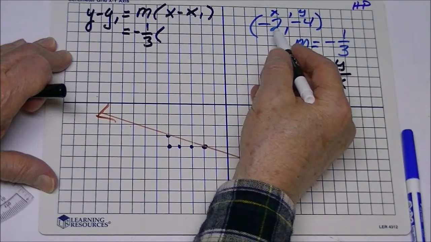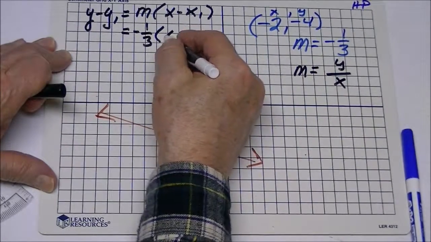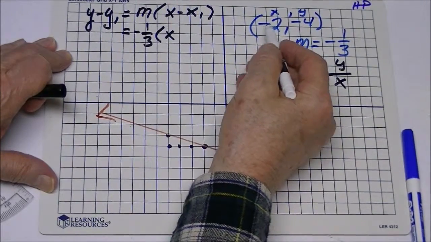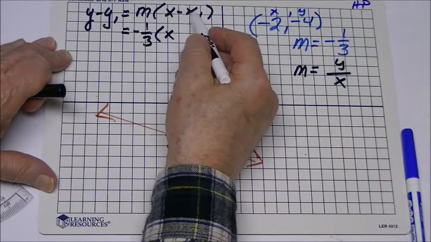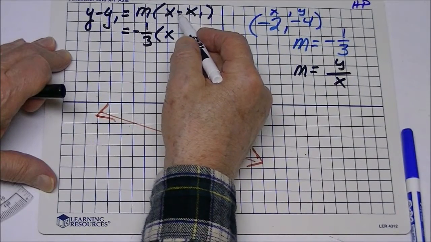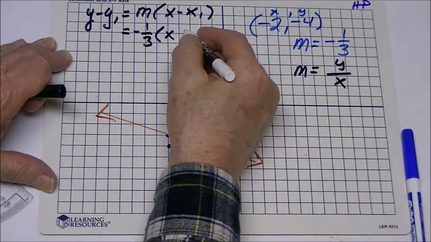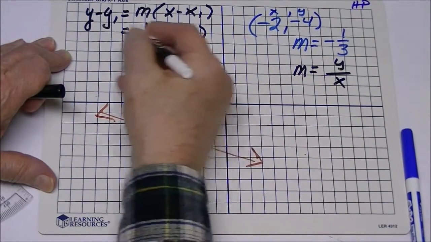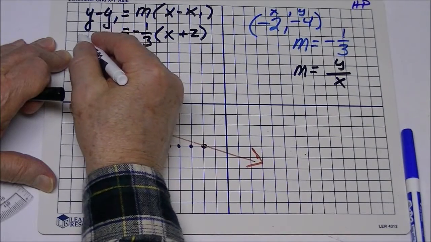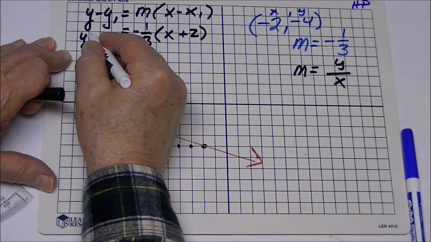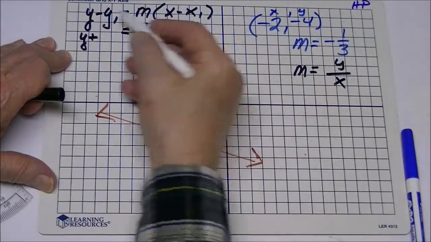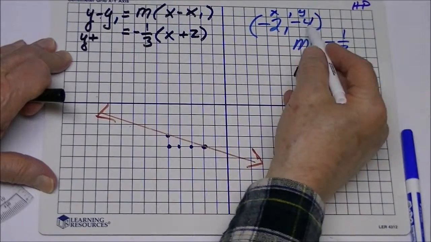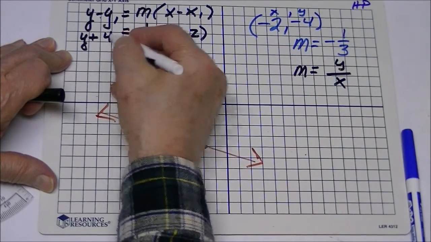Our x is -2. So when you are putting -2 into this formula, it's the opposite of -2, so this becomes a +2. And the same applies here. Y plus the opposite of -4 makes it a +4.